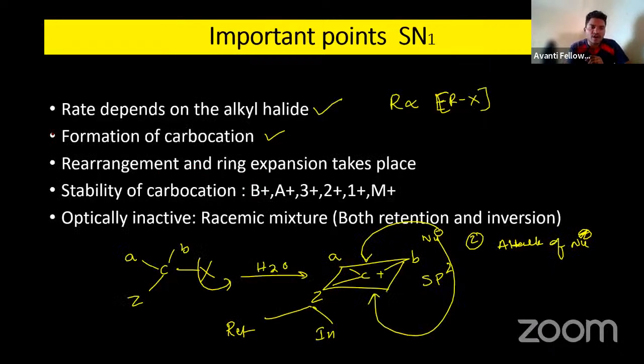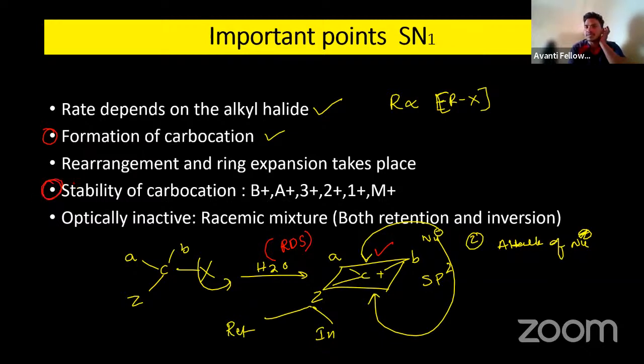Now, formation of carbocation is taking place. The first step, I told you, is the rate determining step. In the last video we discussed that the first step is the rate determining step, whereas your rate depends upon this particular carbocation formation. So whenever a carbocation is formed, we need to talk about the stability first.